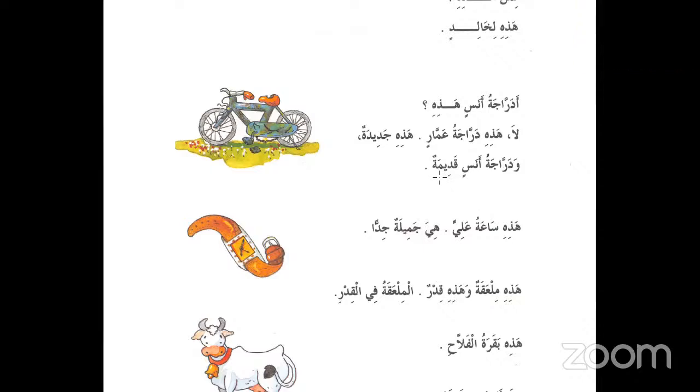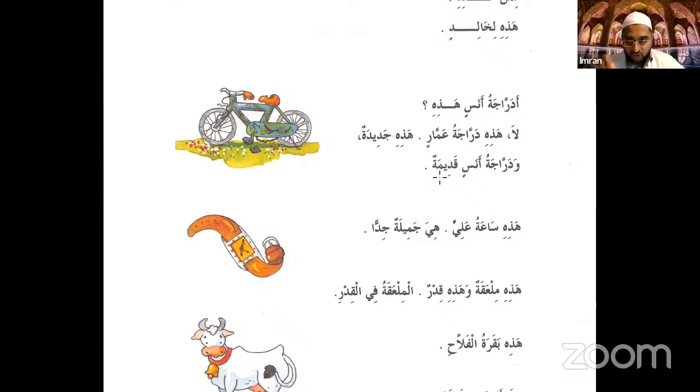So the word qadimatun is masculine or feminine? Feminine. Yes. Now remember this point. Write this in your books, that whenever mudaf ilay comes as the mubtada, we will always review whether the mudaf is masculine or feminine.